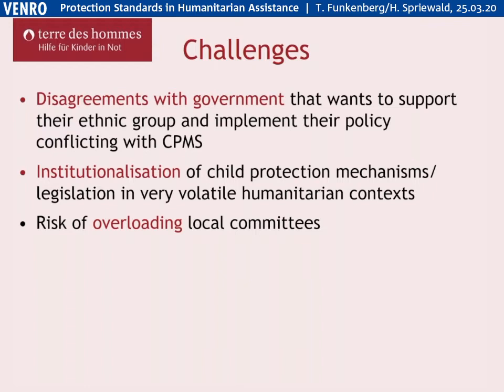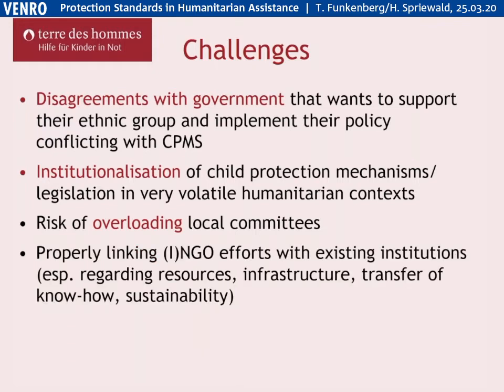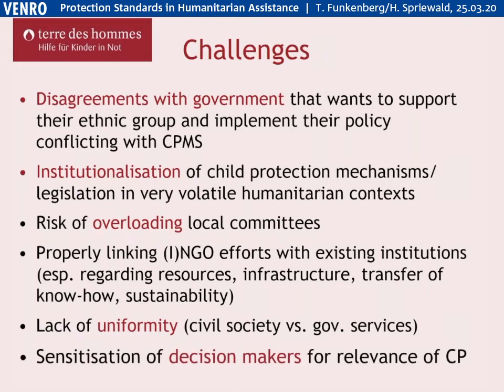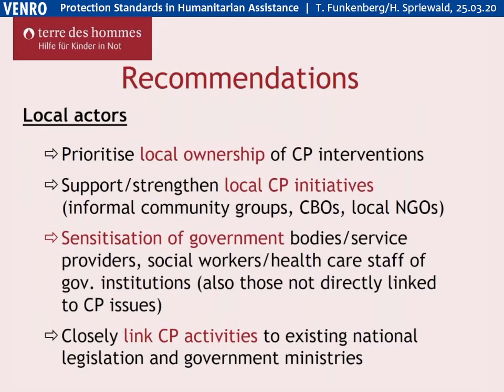Normally this is going beyond their capacities, and also time and commitment. And there's the proper linking of NGOs' efforts with existing institutions in the local community. There's still a lack of uniformity of approaches and implementing the standards, especially in civil society and government services. And we need to sensitize decision makers on the relevance of child protection.